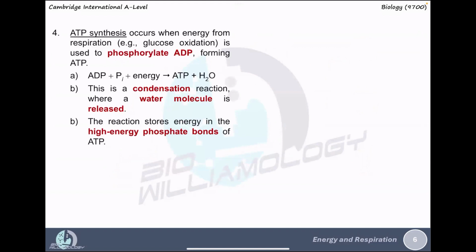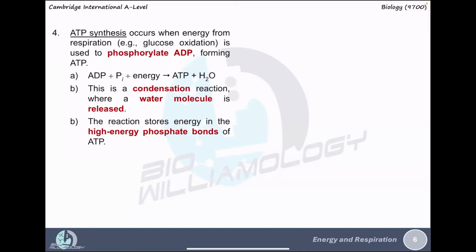This energy can be used for anabolic reactions as well as other energy requiring processes. ATP synthesis occurs when energy from respiration, for example glucose oxidation, is used to phosphorylate ADP. Phosphorylation here involves the transfer of a phosphate group to ADP, forming ATP.